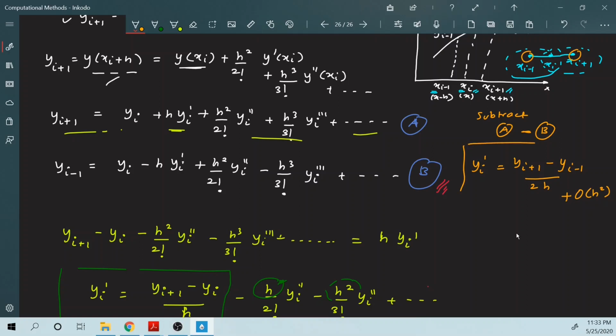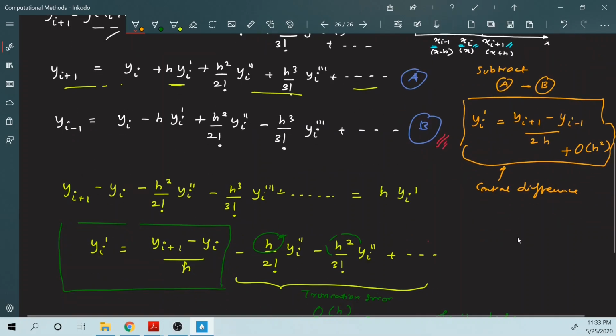So this is known as your central difference, finite difference approximation.